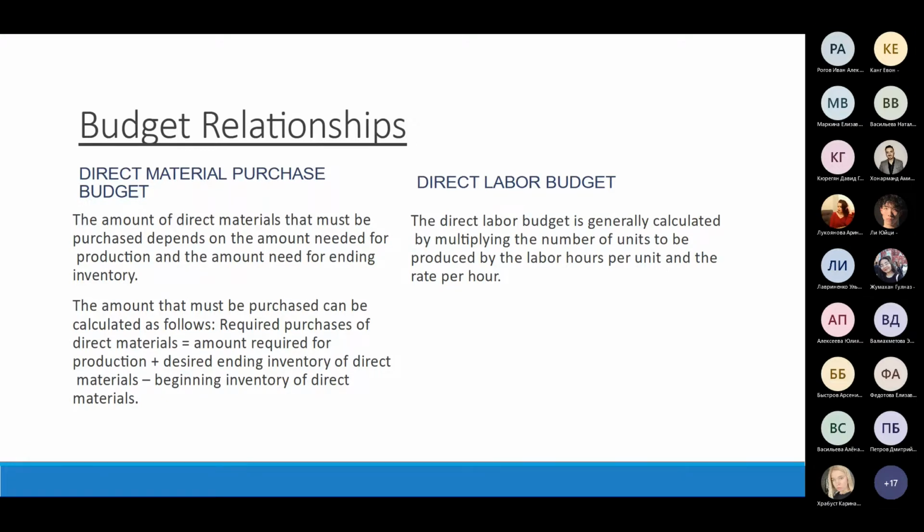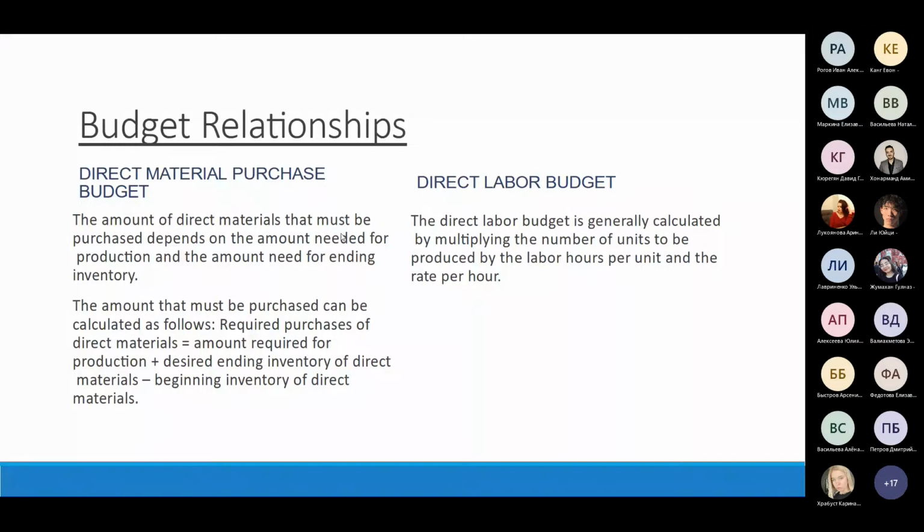So your production budget is the basis for the direct material and labor purchase budgets. Here you can see the formula for how this conversion may be made, and let's see how it is made in our example.